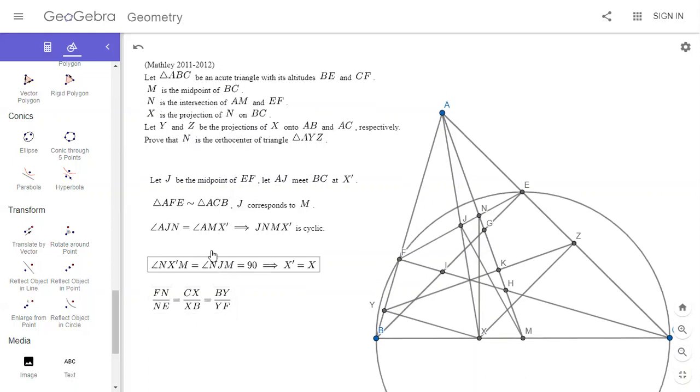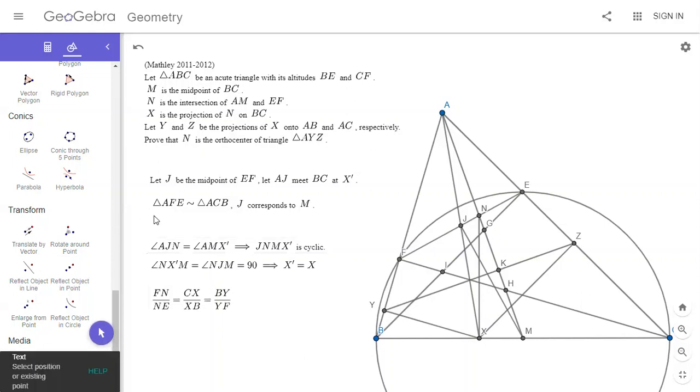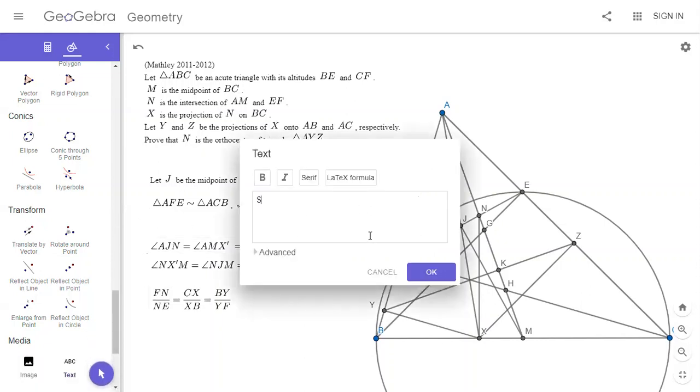So I'll say this, to AM. So that means that X corresponds to N in those similar triangles.